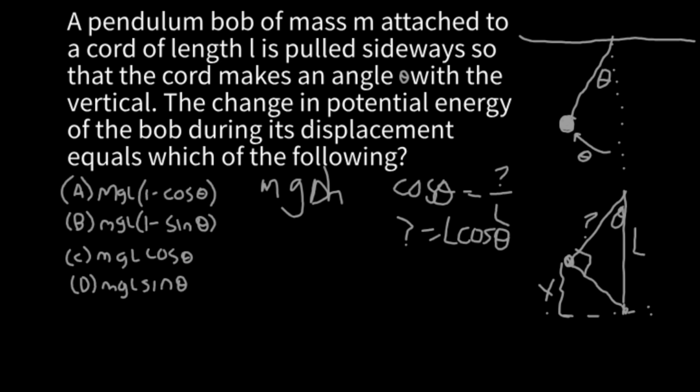So that means our x is going to be L minus that question mark. So it's going to be L minus our L cosine theta. So we can factor that to be L times 1 minus cosine theta.